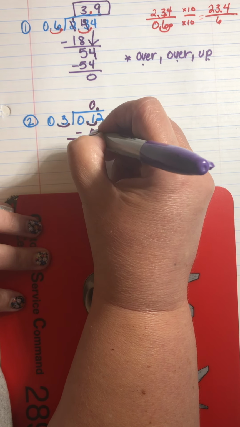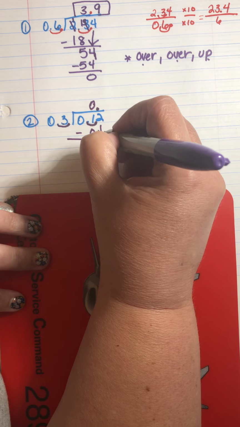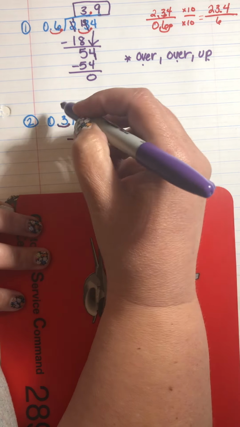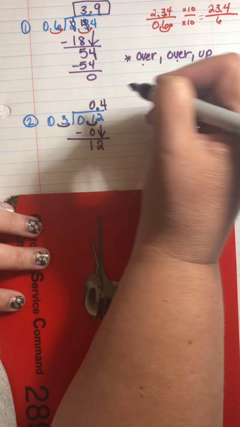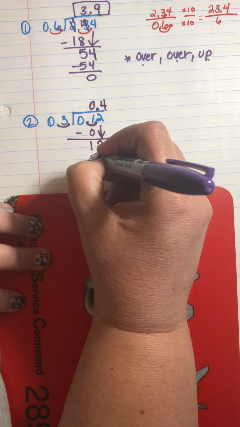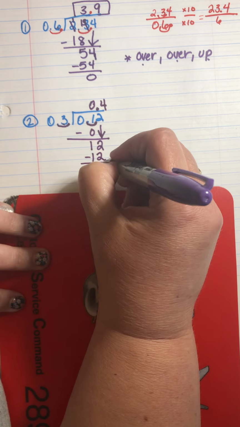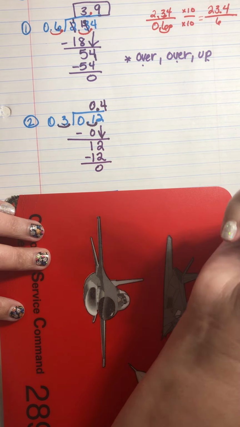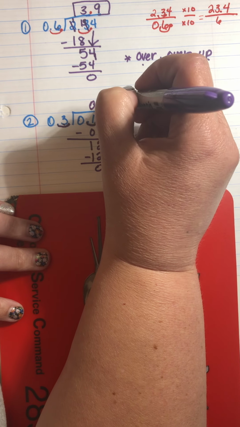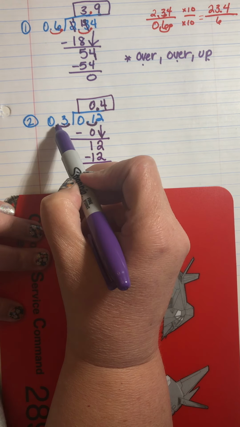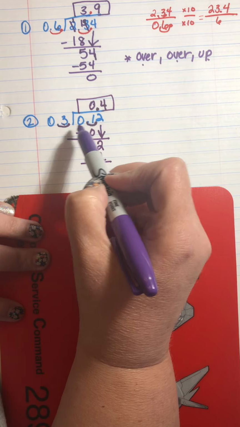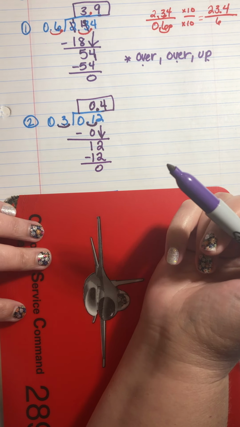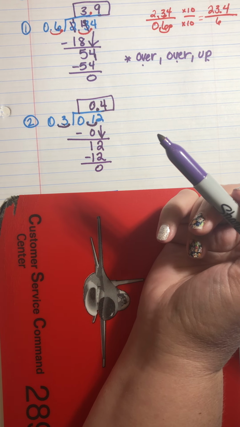Subtract. 1 minus 0 is 1. Bring down my 2. 12 divided by 3 is 4. 4 times 3 is 12. Subtract, and I get 0. So my answer is 4/10. I moved over 1, over 1, and up.